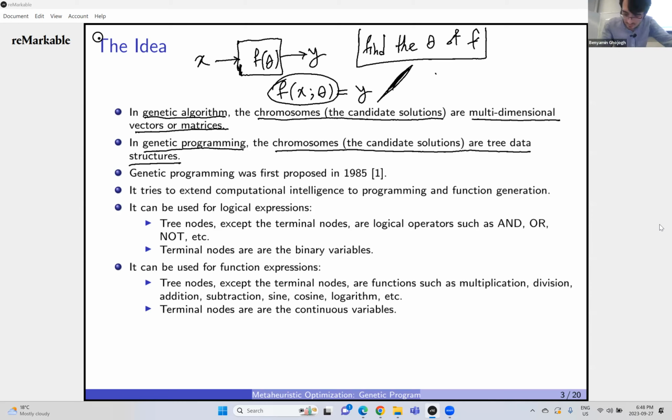For example, I want f to be sine of x, so x has some dimensions, right? x1 to x3. For example, sine of x1 squared plus tangent of x2 over square root of x3. So it can be complicated, right? You can have any combination of basis functions. Here, my basis functions are sine, tangent, square root, division, plus, right?